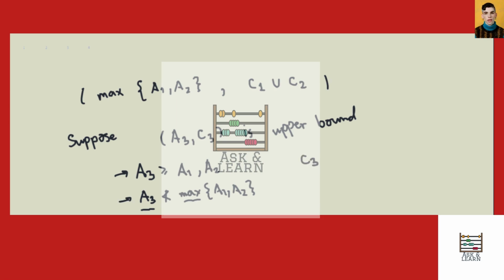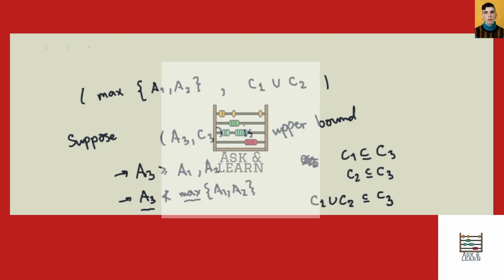Also C3 must be such that C1 is inside C3 and C2 is inside C3, right? For this to be an upper bound, the second entry has to be larger than C1 and C2. And now it means C1 union C2 is a subset of C3 as well.